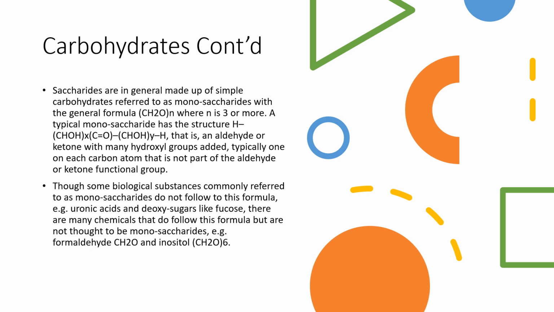Though some biological substances commonly referred to as monosaccharides do not follow this formula, for example, uronic acids and deoxysugars like fructose, there are many chemicals that do follow this formula but are not thought to be monosaccharides, such as formaldehyde and N-acetyl.